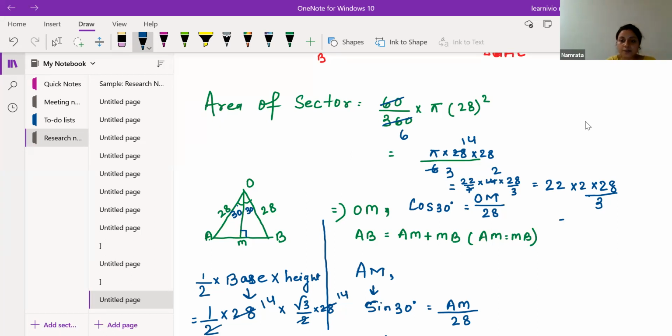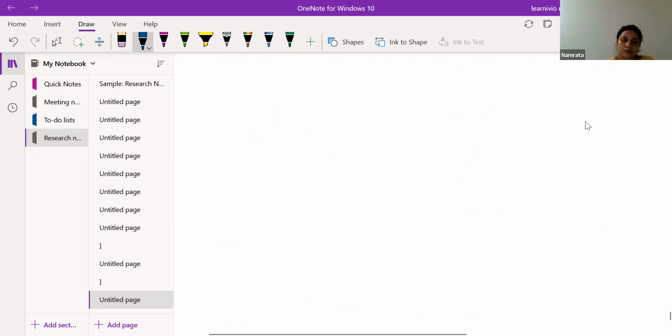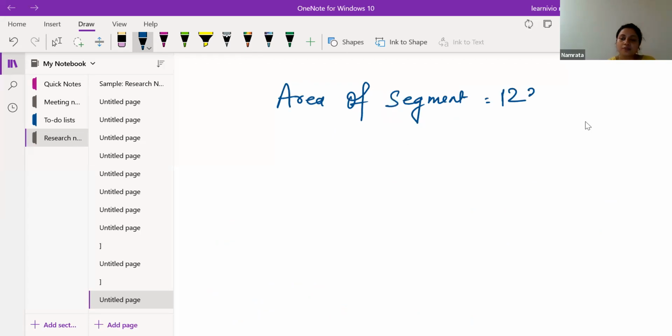The area of each segment is this minus 196 root 3.